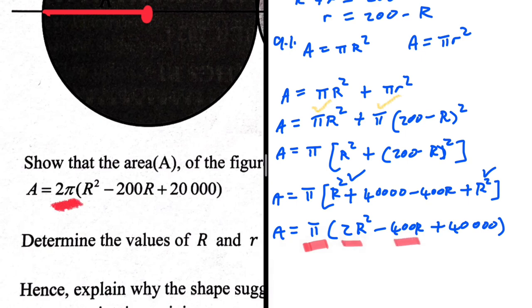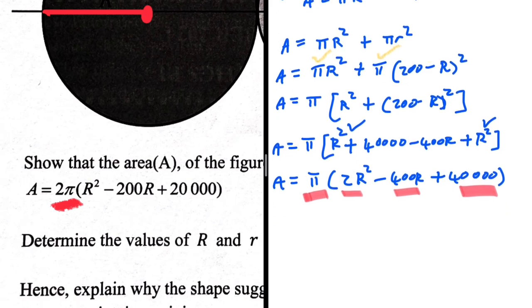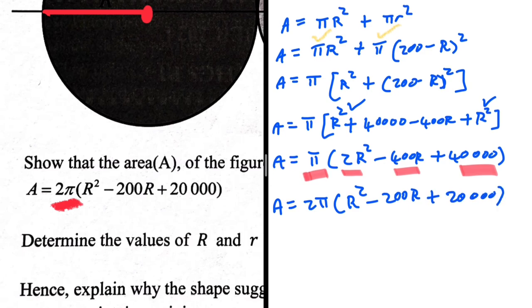We can take out 2 as a common factor from those terms inside the brackets. If we do that, we're going to get the area being equal to 2 pi. We pull 2 out, and then we're going to be left with R squared, because we have pulled the 2. Here we're going to be left with minus 200R, and then here we're going to be left with plus 20,000. And this is exactly what we're supposed to show.